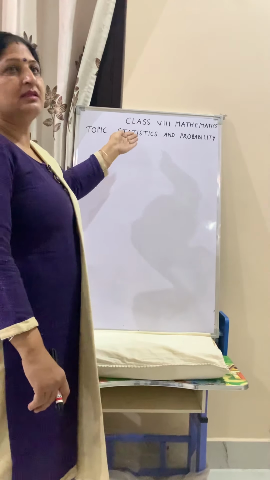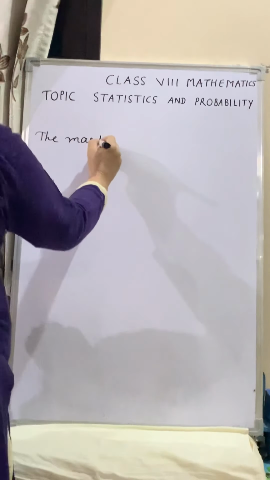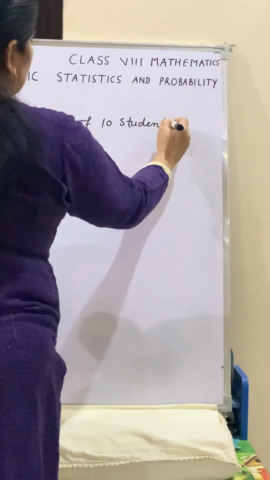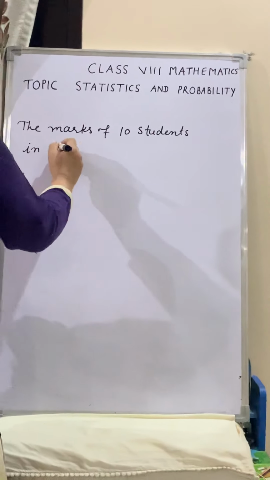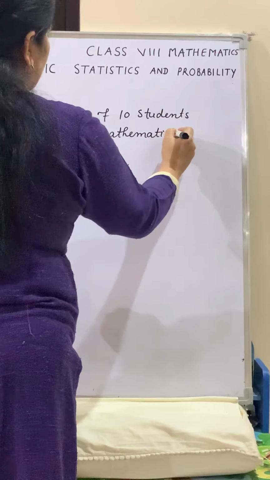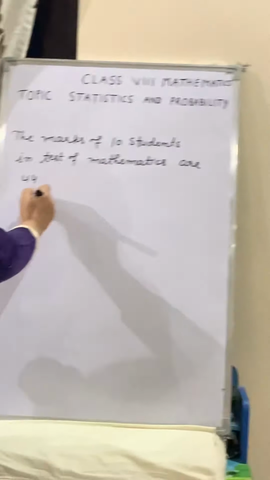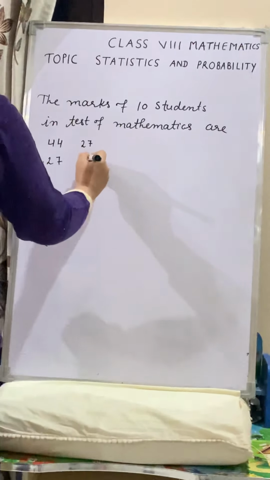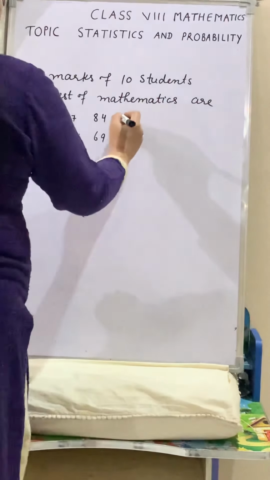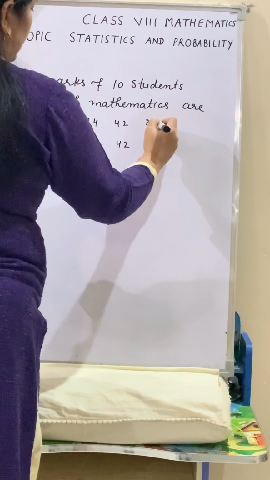When we collect some numbers, suppose the marks of 10 students in a test of mathematics are 44, 27, 27, 34, 84, 69, 42, again 42, 37 and 27.